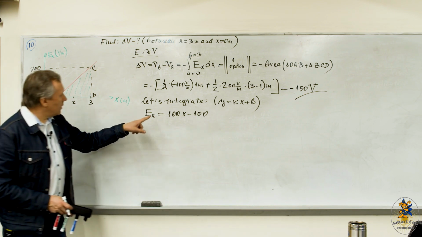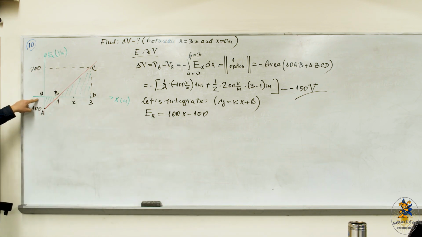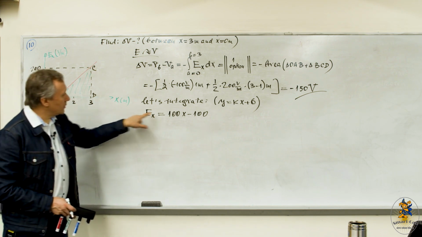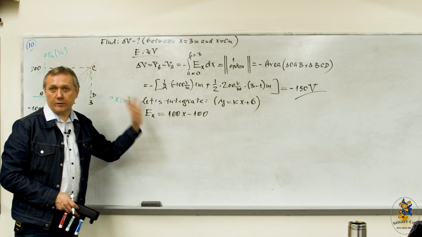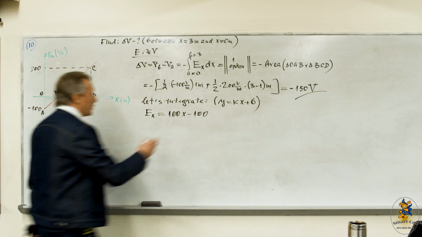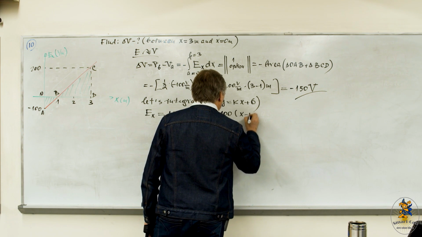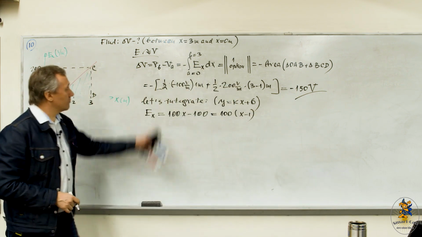When E equals 0, x must be 1: 100 times 1 minus 1 equals 0. So this is the correct function. Let me factor out 100, so it will be x minus 1. And now let's integrate it.